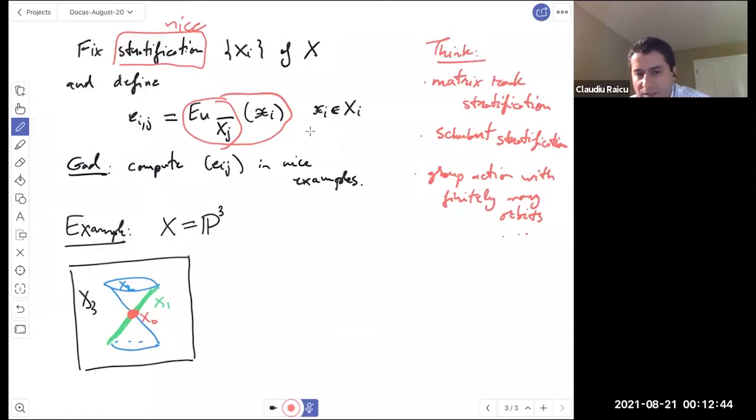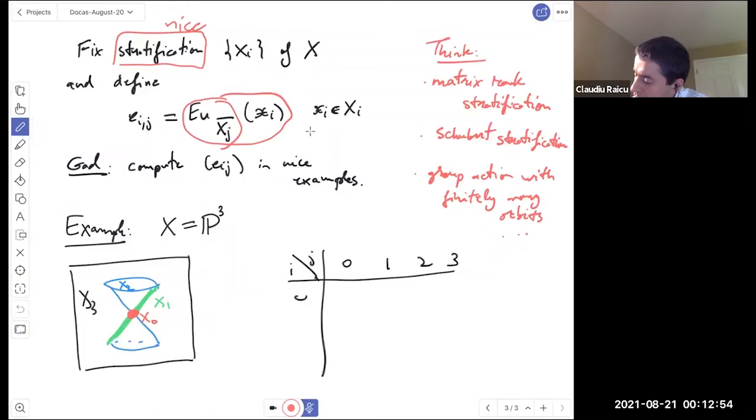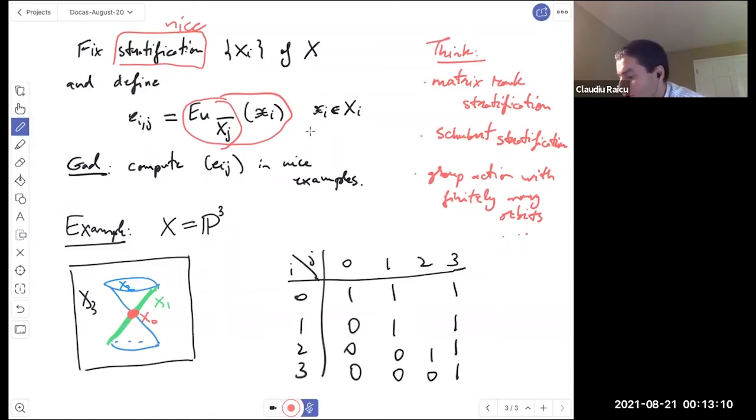Okay, and my claim is that the matrix that you get from here is the following shape. It's upper triangular, and most of the entries are going to be equal to 1 because most of these orbit closures are going to be non-singular.